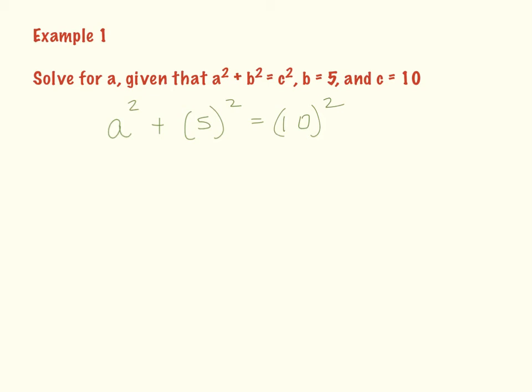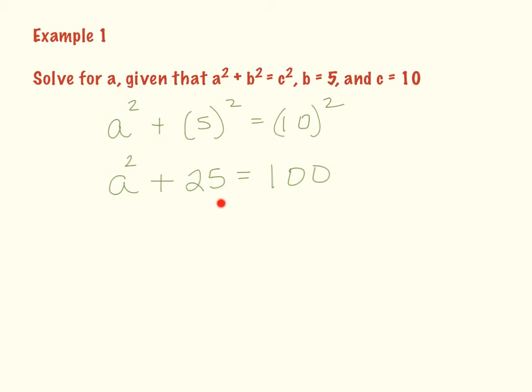So now let's keep working with this. Well, a squared, let's not touch him yet. 5 squared, well, that's 5 times 5, that's 25. And then over on the right side, 10 squared is 10 times 10. That's 100. Oh, now we're getting somewhere. Look at this equation now. The goal is just going to be to get a by itself. So we're going to rearrange this.